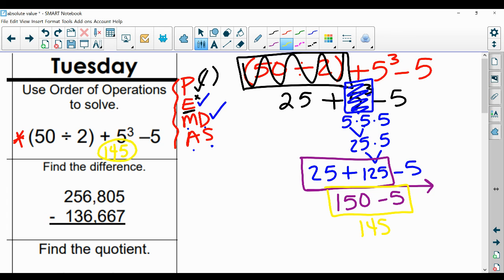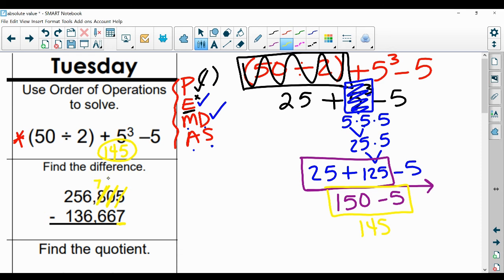Now the next problem is finding the difference. You know how to find the difference. I'm going to skip over that one because you should know how to subtract and find the difference. You should know that if I have more on the floor, I have to go next door and get 10 more. Well, I have a 0 here. I can't borrow from 0. So I have to come to the 8.